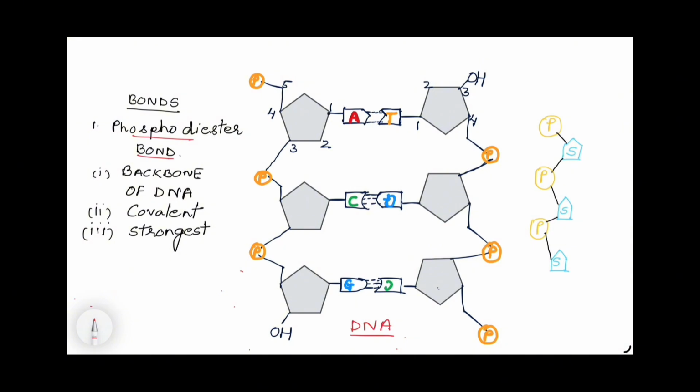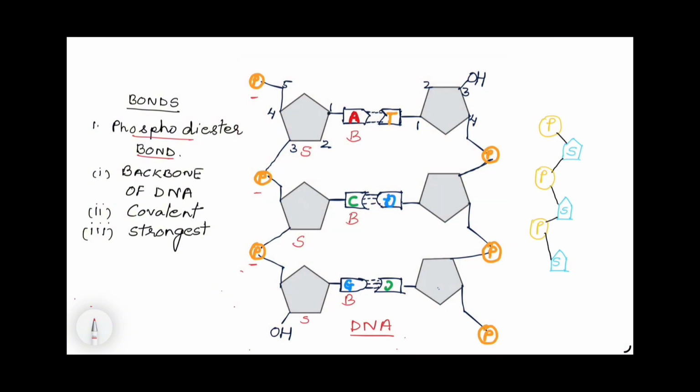To look at the location of the phosphodiester bond, let us look at one strand of DNA, the left side. This is sugar, this is base, and this is a phosphate group. Next, this is sugar, base and phosphate group. Sugar, base and phosphate group.